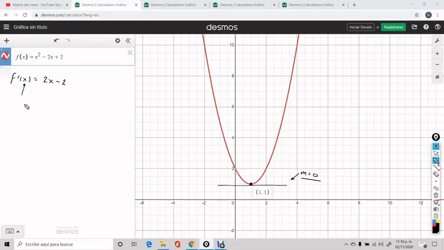For example, if I want to calculate the slope of this function at this point 2, let me erase this for the moment. If I want to calculate the slope of this tangent that goes through 2, all I need to do is put the number 2 there, calculate, and that's it. The derivative is going to tell me the slope of this tangent.